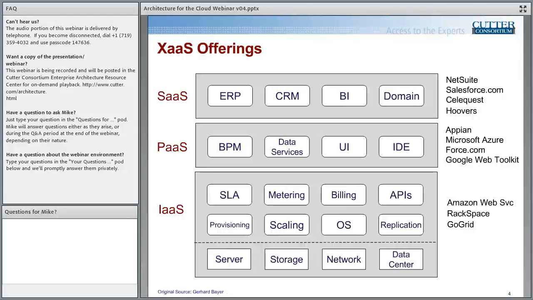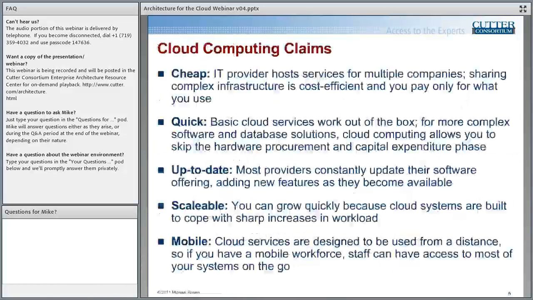And then there's a whole set of infrastructure as a service that provides scaling and provisioning, along with metering and billing APIs that we use to take advantage of infrastructure as a service. These are the things that we really need to be concerned with from an architectural perspective.